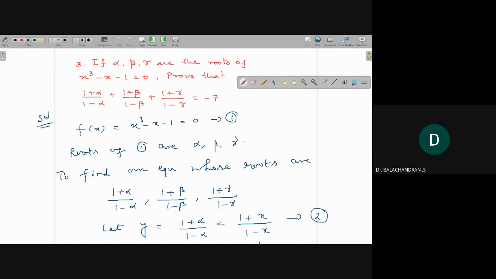Actually, the idea is that from equation 2, you should write x in terms of y, and then substitute here. We'll get an equation in y. So that is the idea.